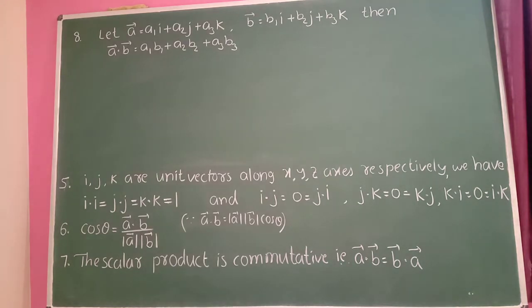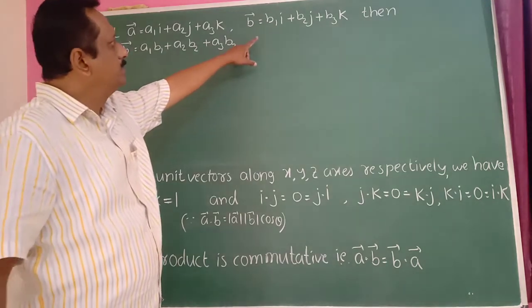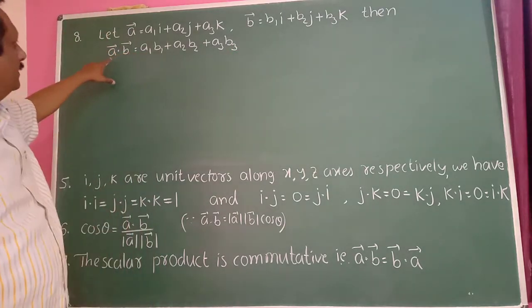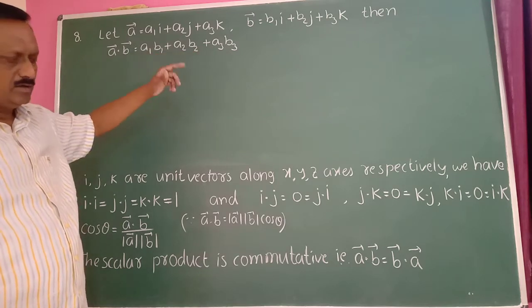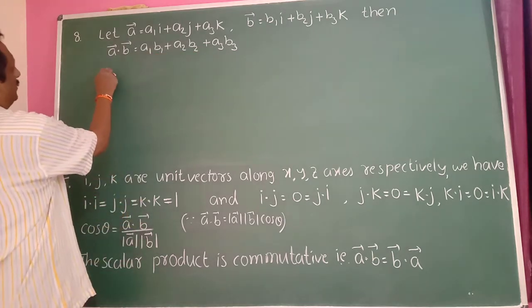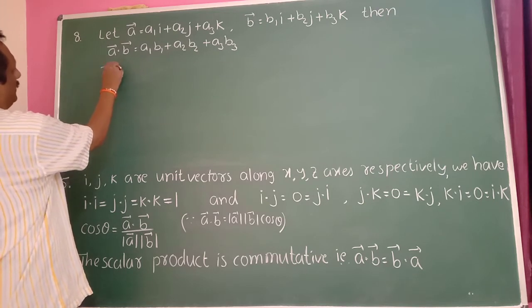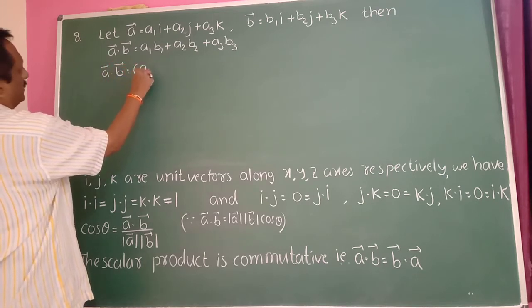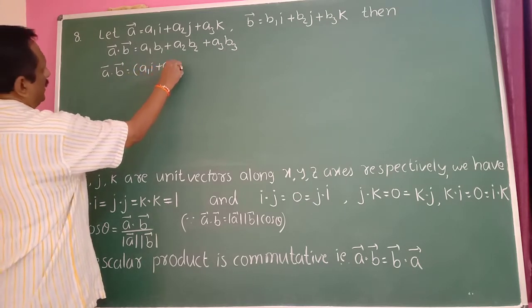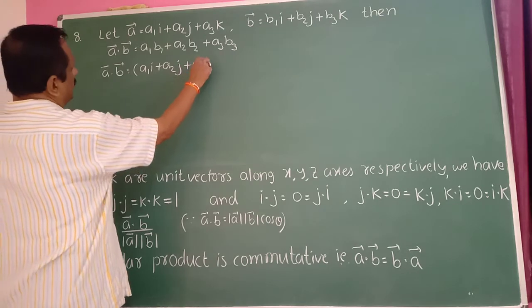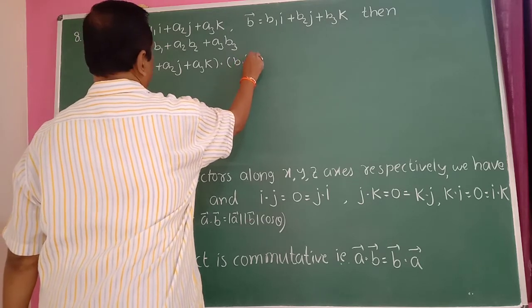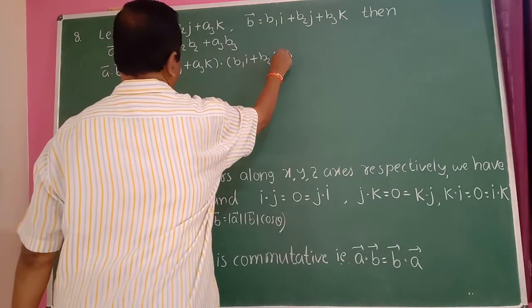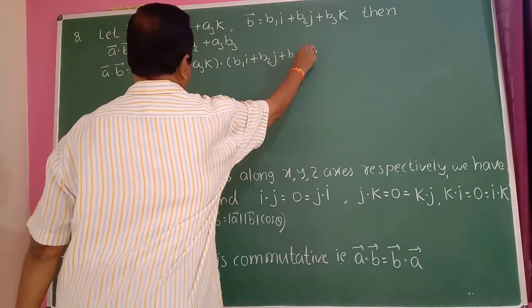Eighth property: let A bar is equal to a1 i plus a2 j plus a3 k, and B bar is equal to b1 i plus b2 j plus b3 k. Then A bar dot B bar is equal to a1 b1 plus a2 b2 plus a3 b3. You can prove this. Just look here: A bar dot B bar is equal to a1 i plus a2 j plus a3 k dot b1 i plus b2 j plus b3 k.